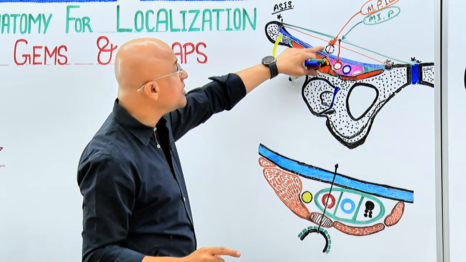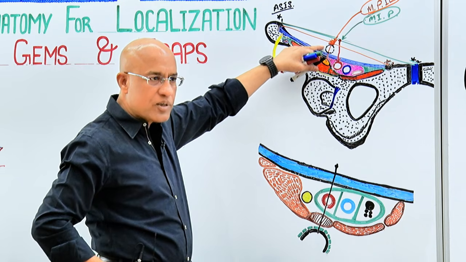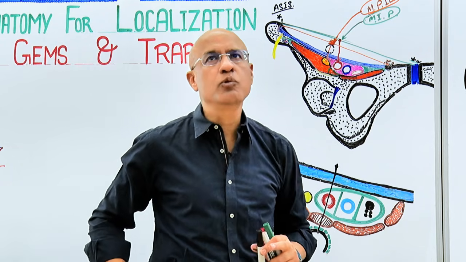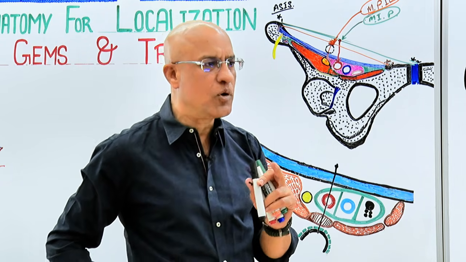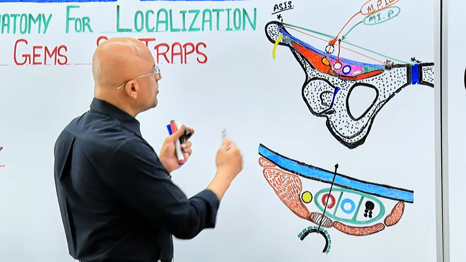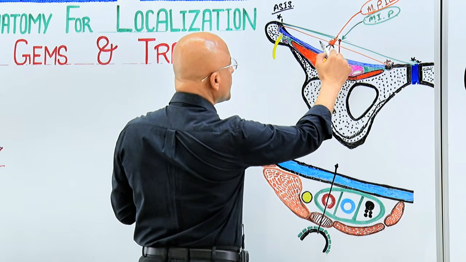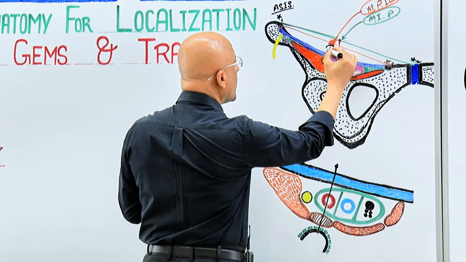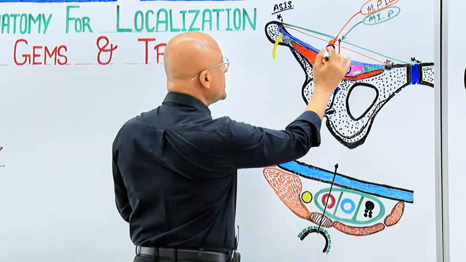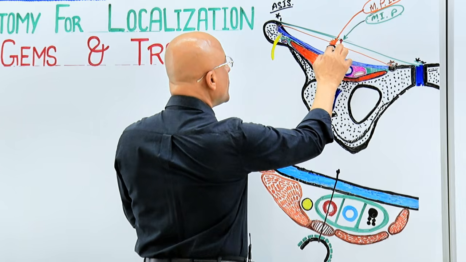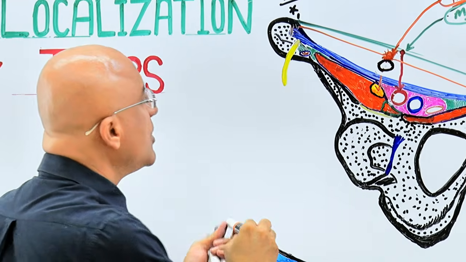The deep inguinal ring is not just above the inguinal ligament, but about 1.25 centimeters above, depending upon the build of the person. So there should be some distance here, okay? What is this? Deep inguinal ring, right?